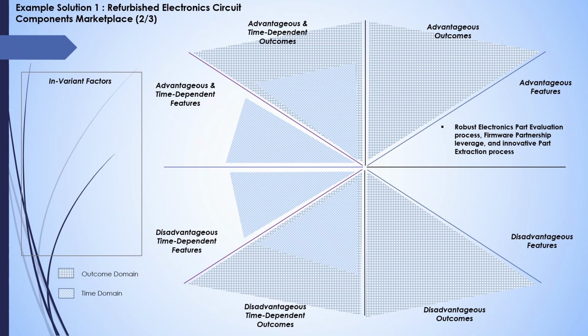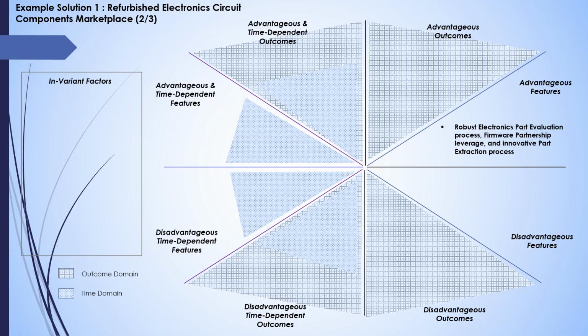Second, firmware partnership leverage. The ability to access firmware for programmable chipsets through structured vendor relationships is a distinctive capability that directly unlocks refurbishment potential that would otherwise be lost. It's a competitive edge, and it needs to be protected and deepened.